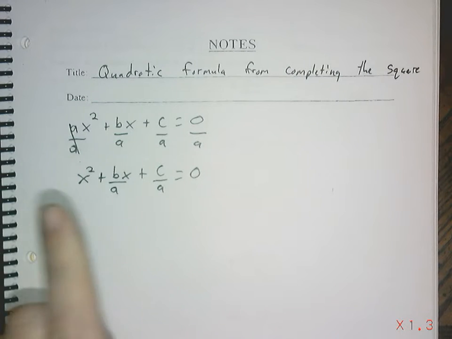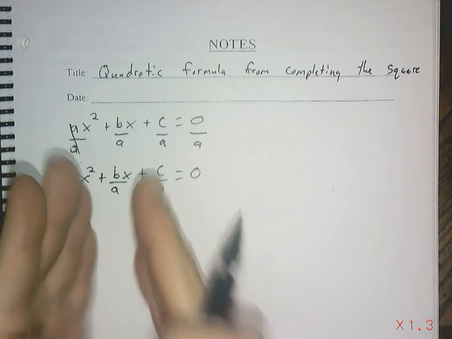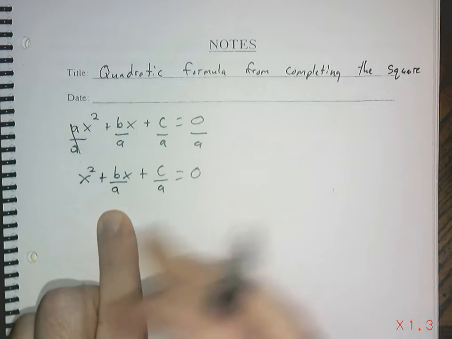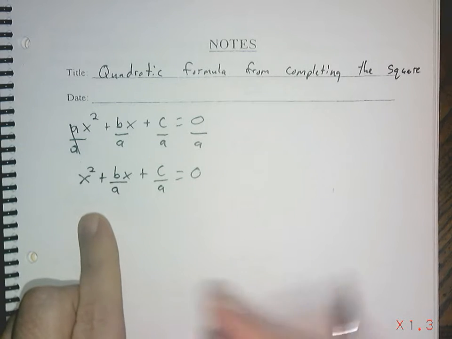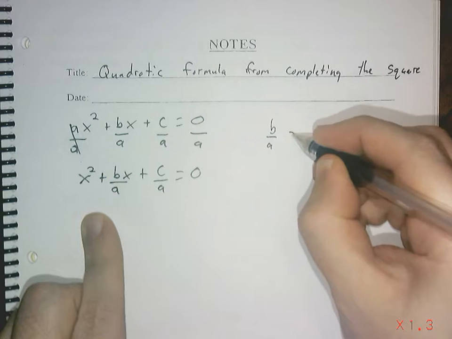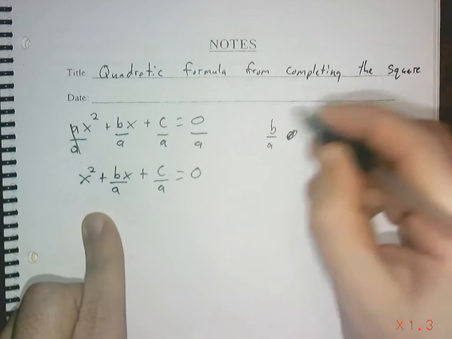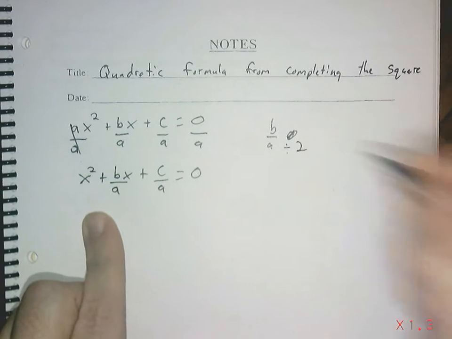Now, in order to complete the square, I have to take the term in front of the x, that second term, and divide it by 2. Right now, that's b over a. So I would take b over a and divide that by 2.